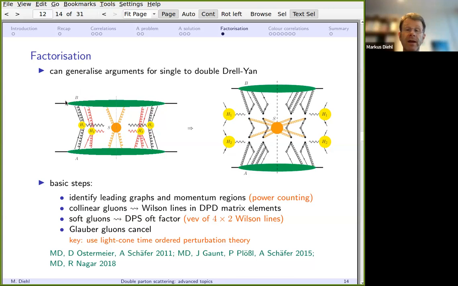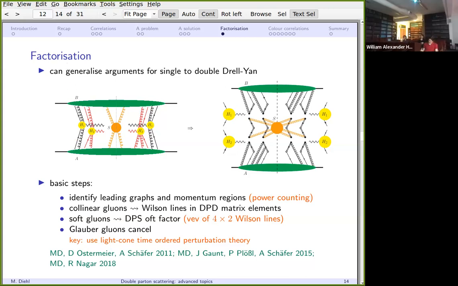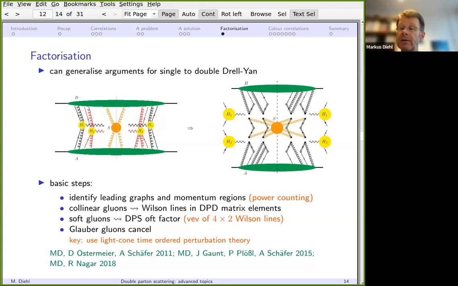In order to have this decoupling, you need a certain condition on the momentum regions of the gluons. Glauber gluons are the gluons that are not in this momentum region. So they keep tying together the two protons. And the fact that their effect cancels is really very much tied with the fact that you sum over all the unobserved final states. Remember, that was the basic discussion I gave at the beginning of these lectures.